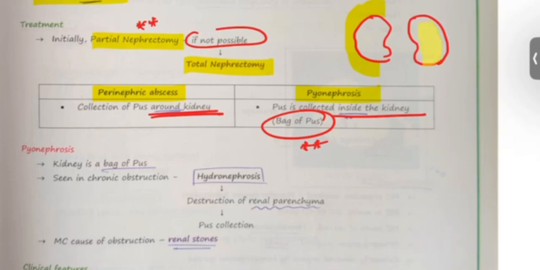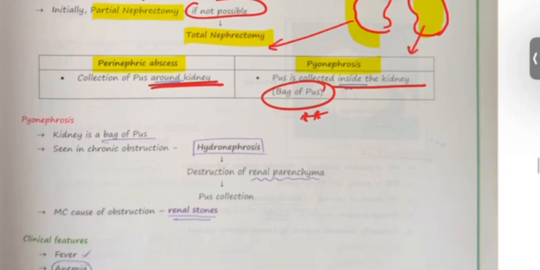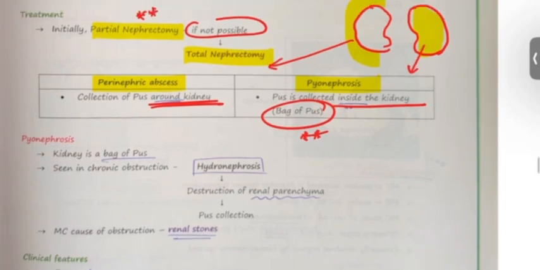If the pus is formed within the kidney, then this is pyonephrosis. So this is perinephric abscess and this is pyonephrosis. And now we are going to discuss first about pyonephrosis, and then we will talk in detail about perinephric abscess.